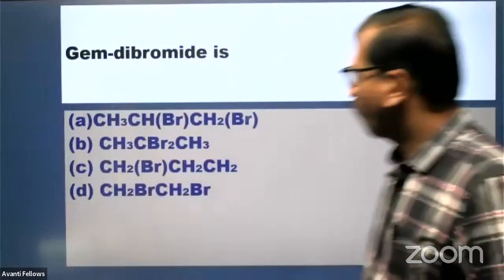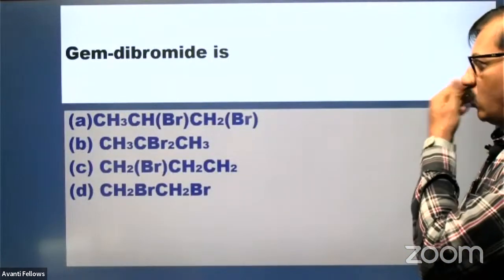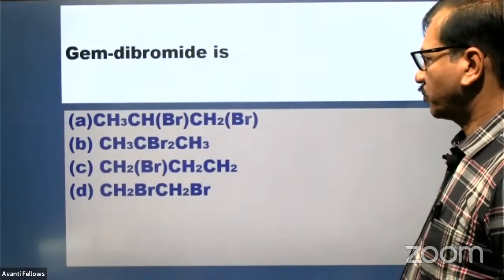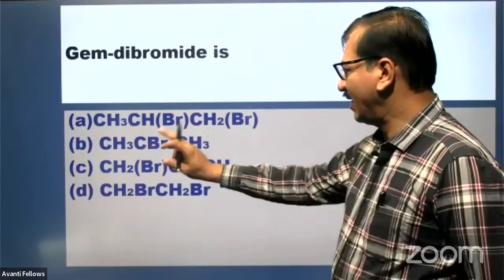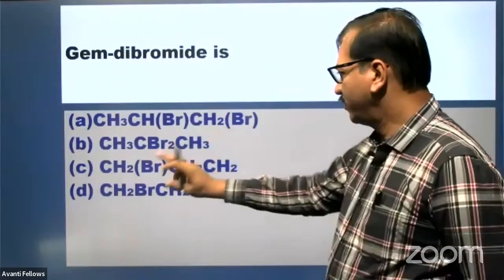Gem dibromide is: CH3CHBrCH2Br, CH3CBr2CH3, CH2BrCH2Br. Option B, sir.